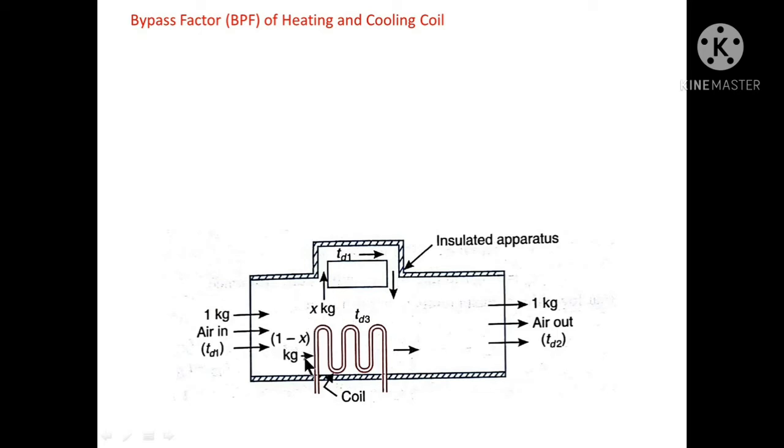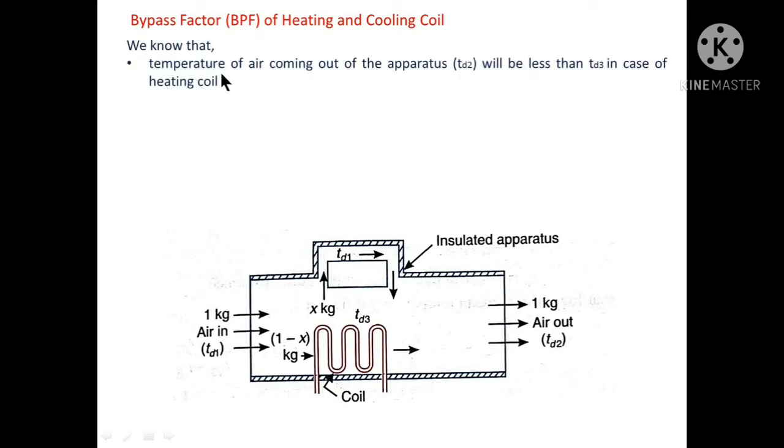Then how much air will come in contact with the heating coil? 1 minus x kg of the air will come in direct contact with the heating coil, and x kg of air gets bypassed, so that the temperature of the air leaving the coil will be TD2.